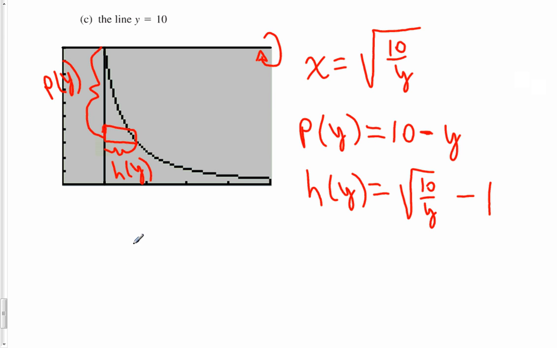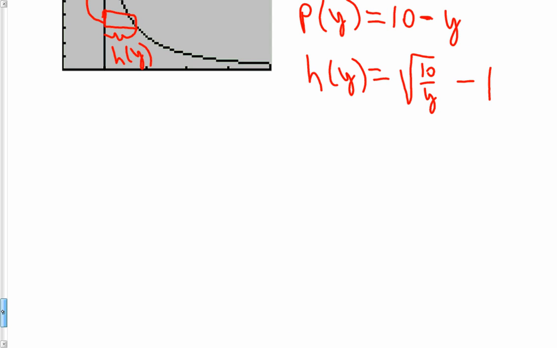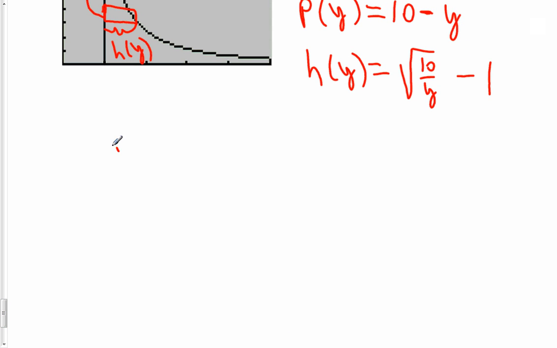Since I'm integrating with respect to y, I'm going from 0 to 10. Let's extend this a little bit. We're integrating from 0 to 10, and I keep forgetting the 2 pi, don't I? Don't you forget the 2 pi.